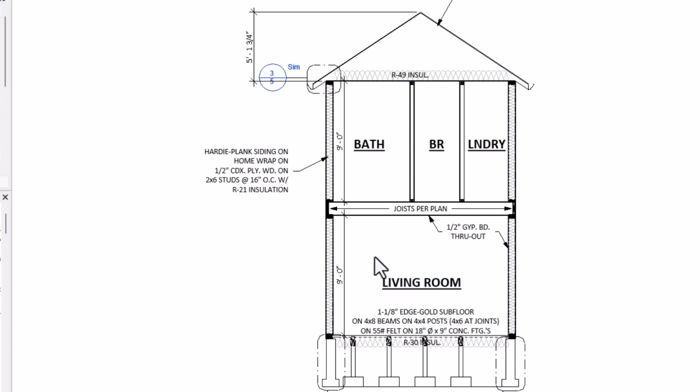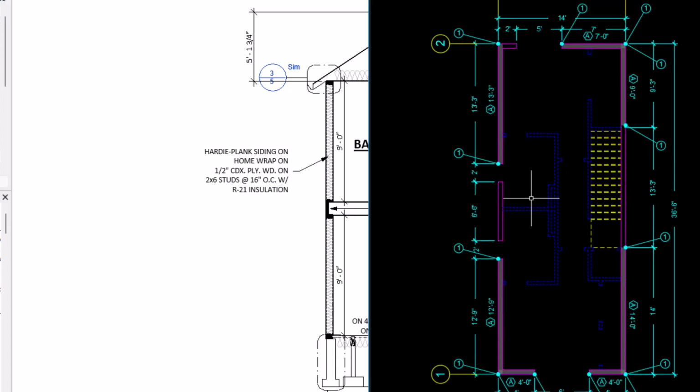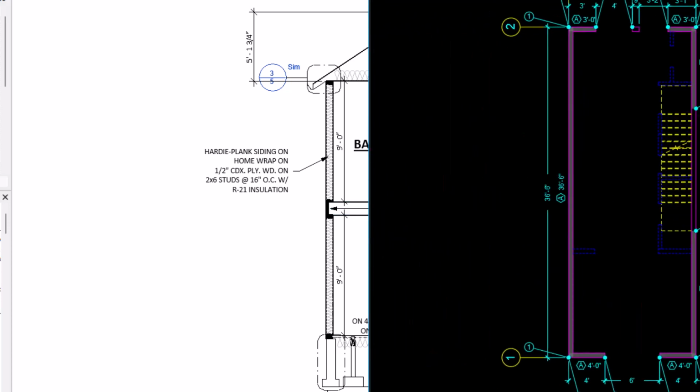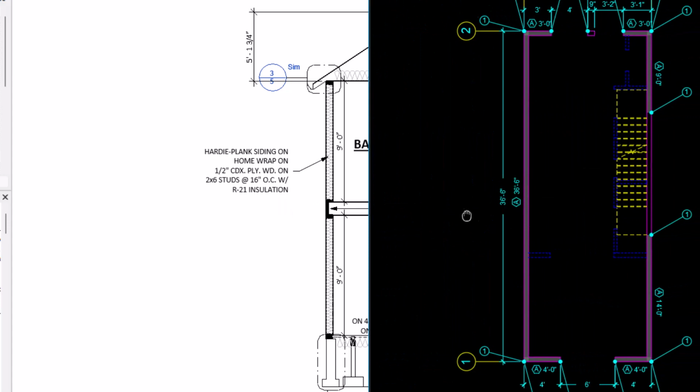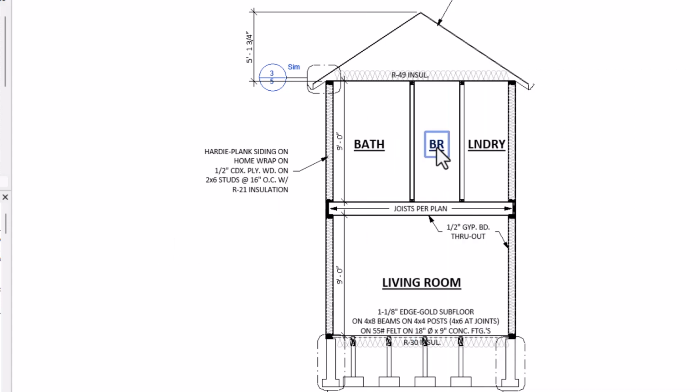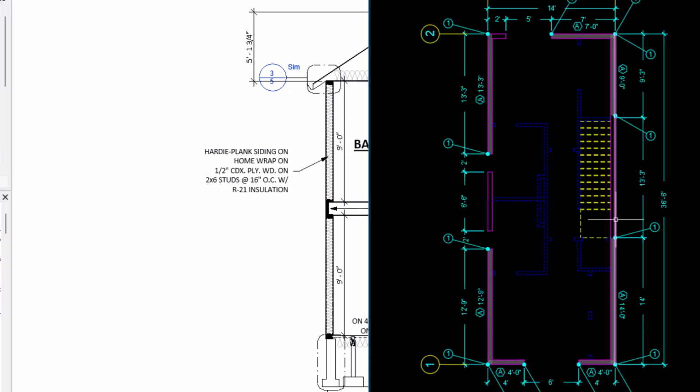So the first floor walls support the second floor diaphragm, and we call the drawing where the first floor walls are at the second floor diaphragm. And then the second floor walls, they support the roof diaphragm. So we call the drawing that has the second floor walls on it the roof diaphragm.